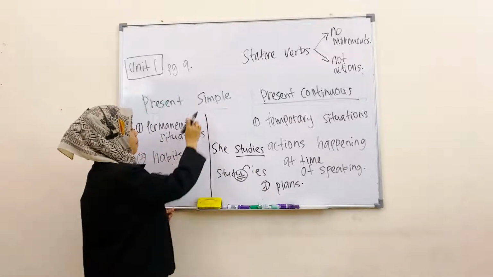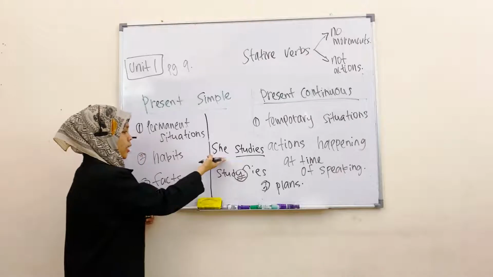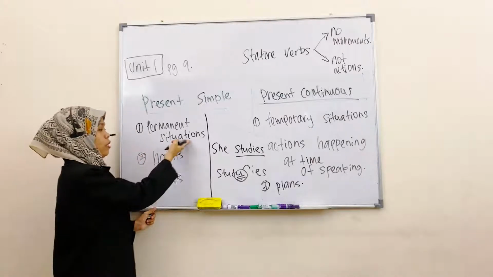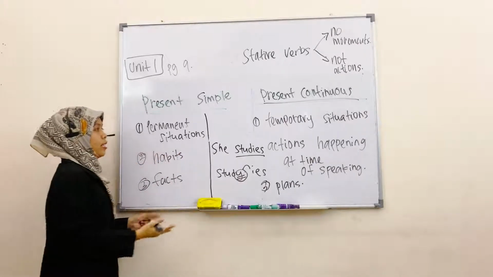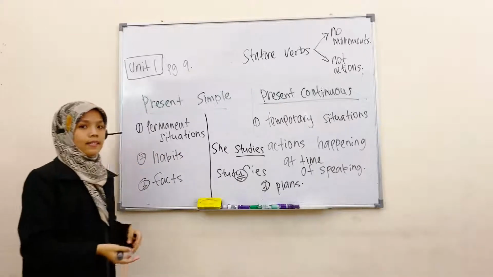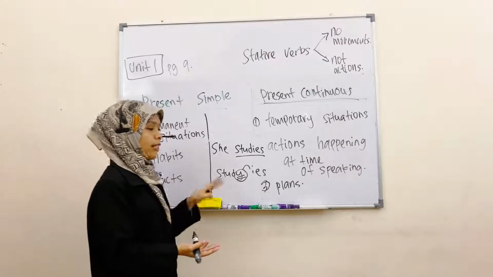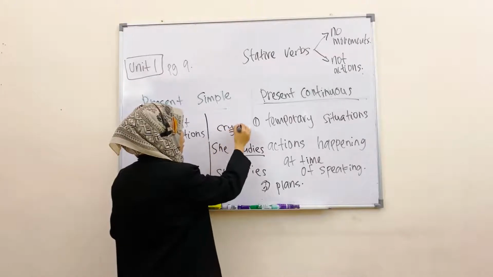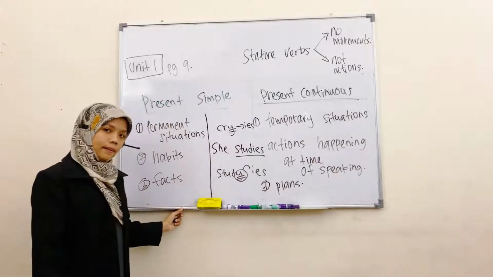For present simple, you want to say that the action done by she is a permanent situation or a habit. You want to state that the action is always done, often done. So this is the third category. For example, cry: change it to I and then add ES.